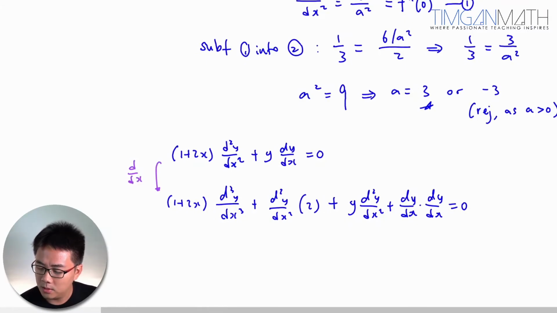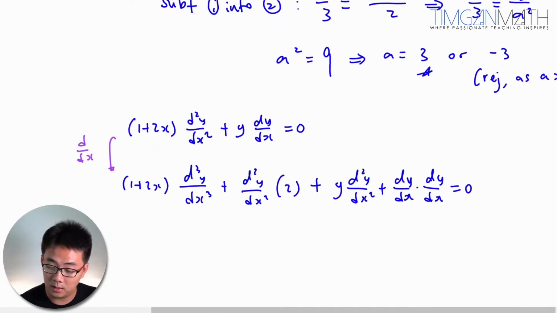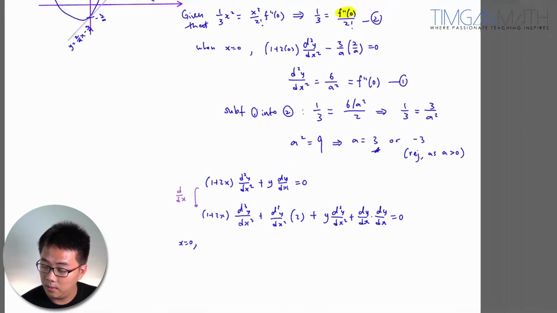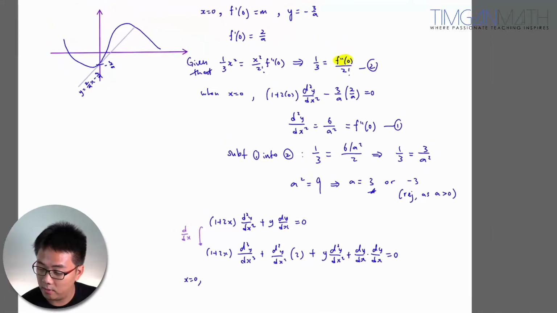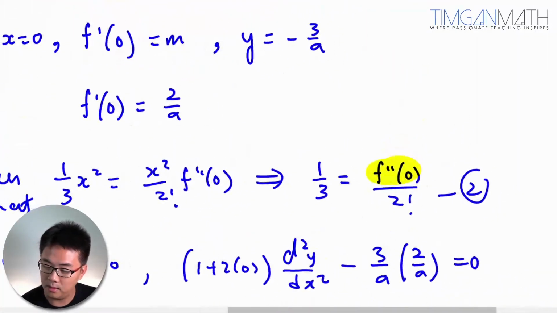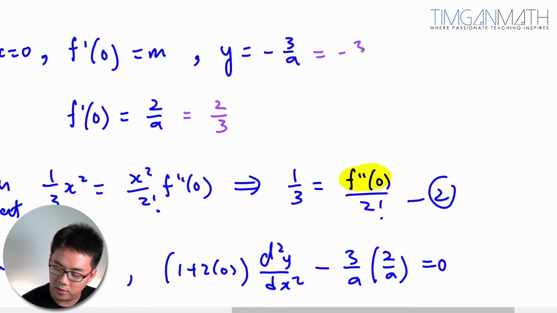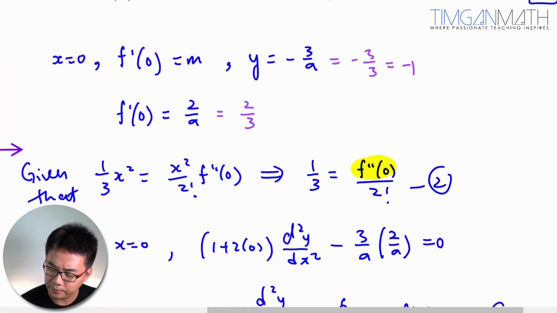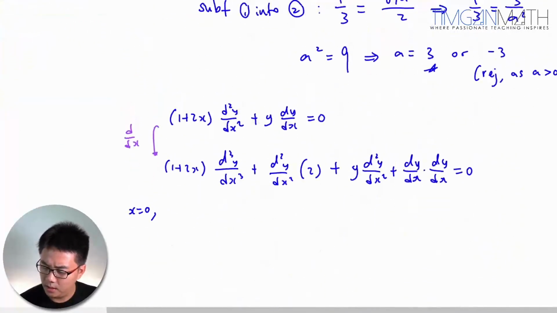Okay, so then you just sub x equals 0, and the rest from f prime. Now because a is 3, this is 2/3, then this is 3 over 3, which is minus 1, and that's about it.